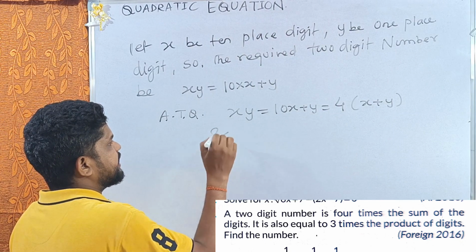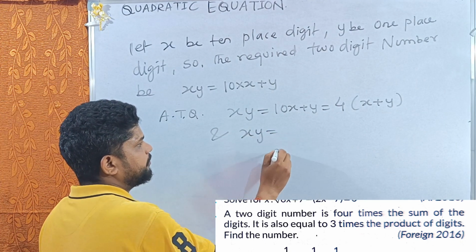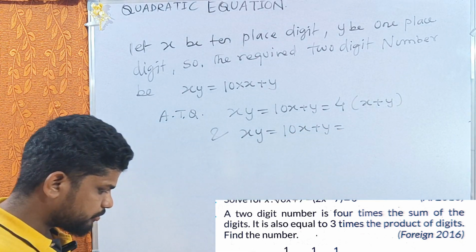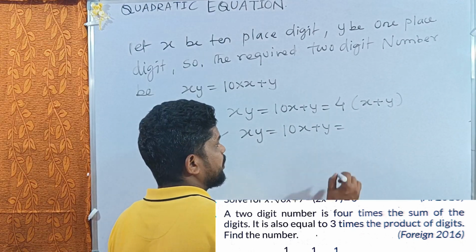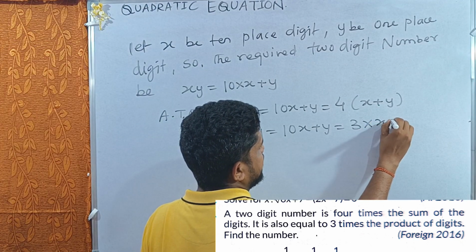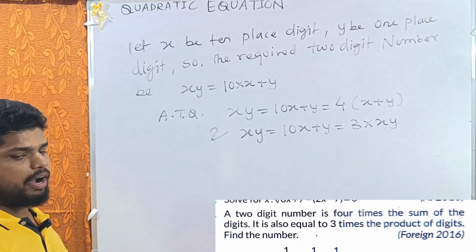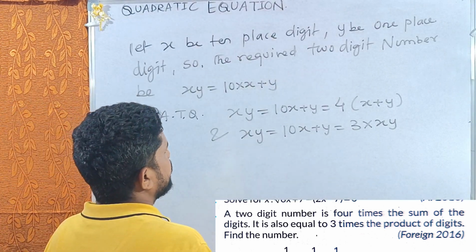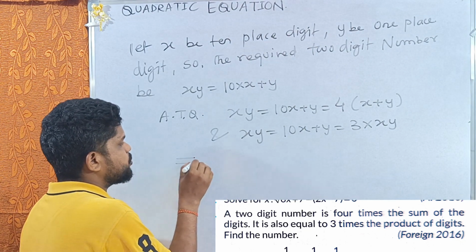The second condition says that this 2-digit number, 10x plus y, is 3 times the product of the digits, that is 3 times x into y. This is the question, dear students. So just try to solve it.